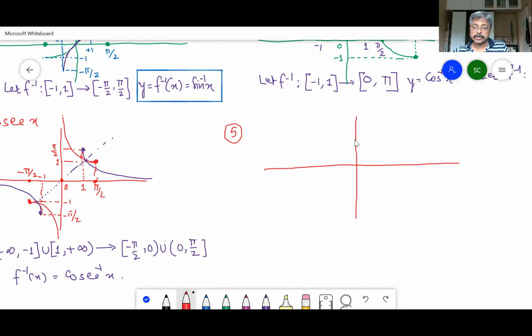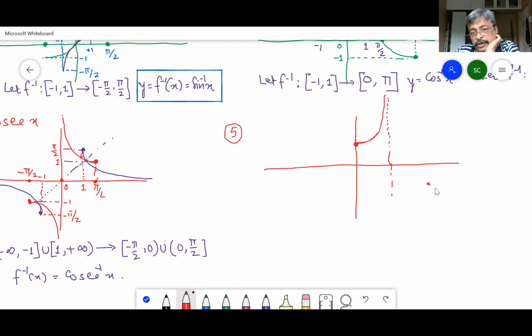Cos was here. This is 1. This is pi by 2. This is pi and minus 1. So cos was like this. Cos, no, sorry, sec.